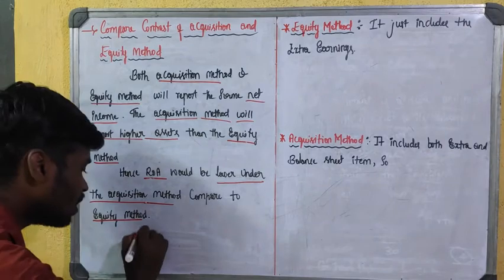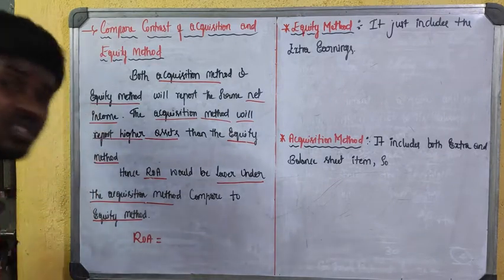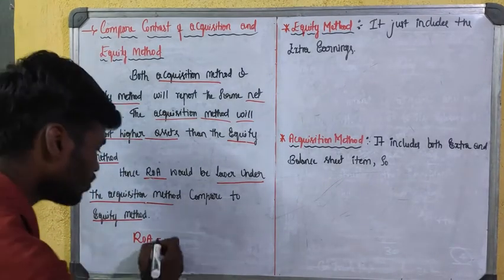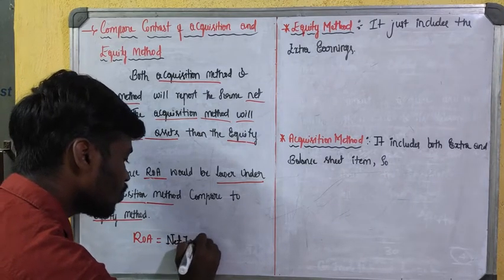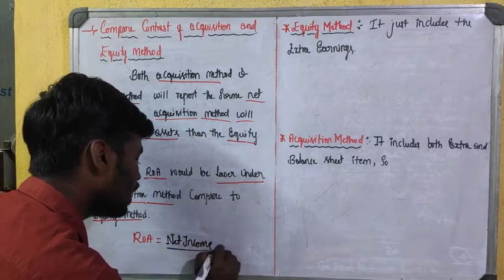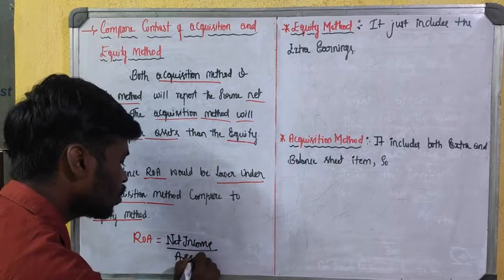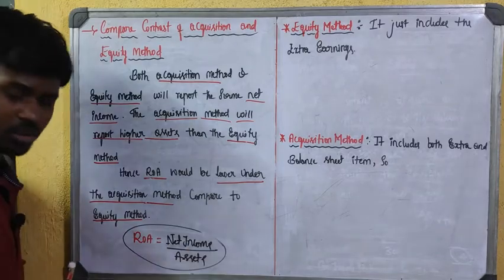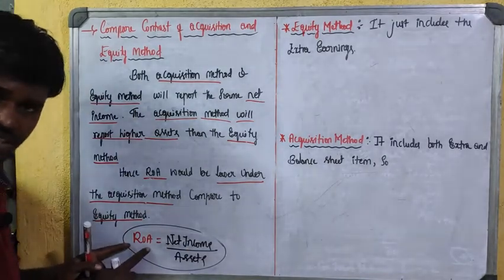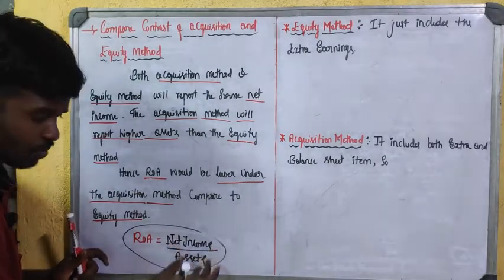That return on asset is calculated based on the net income divided by total assets. So how is this return on asset calculated? See, return on asset is calculated based on the net income and assets.